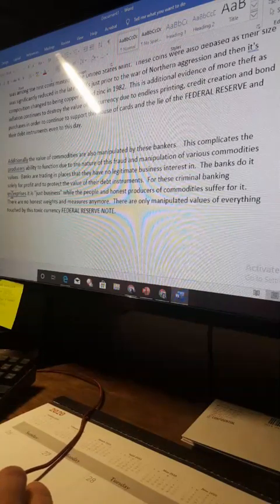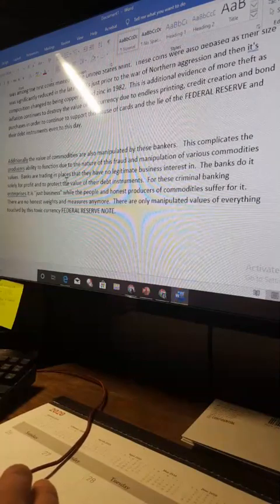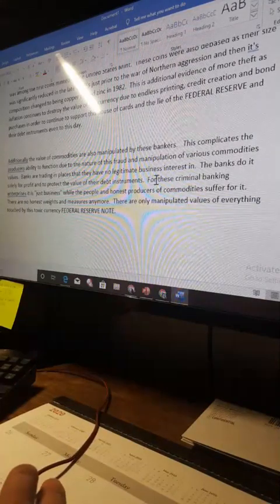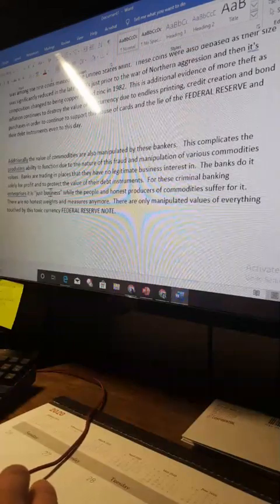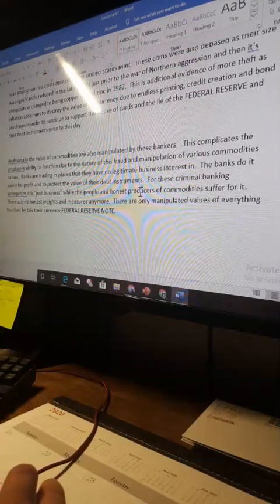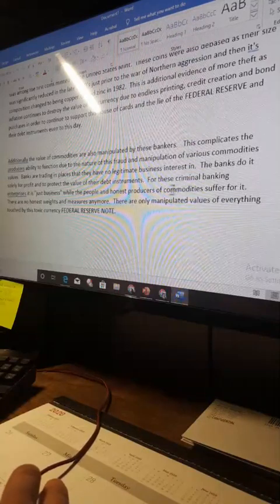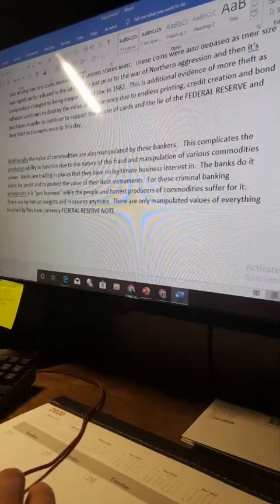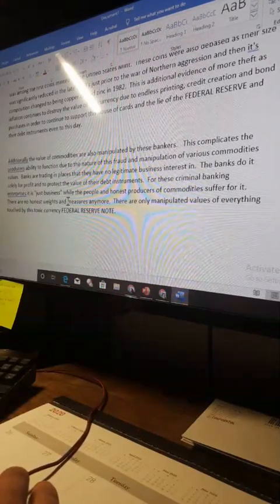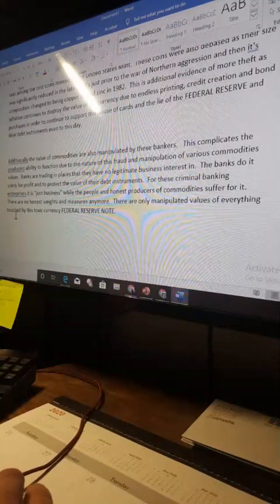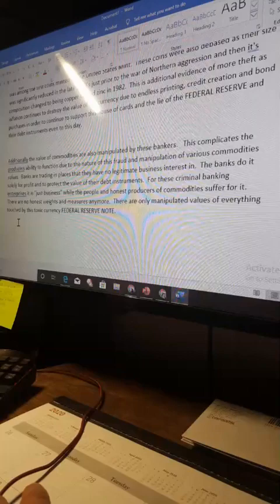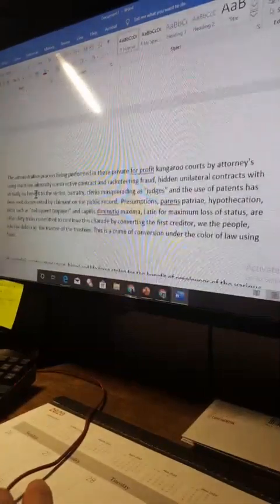The banks do it solely for profit and to protect the value of their debt instruments. For these criminals, banking enterprises, it is just business, while the people and honest producers of commodities suffer for it. There are no honest weights and measures anymore. There are only manipulated values of everything touched by this toxic currency, Federal Reserve notes.